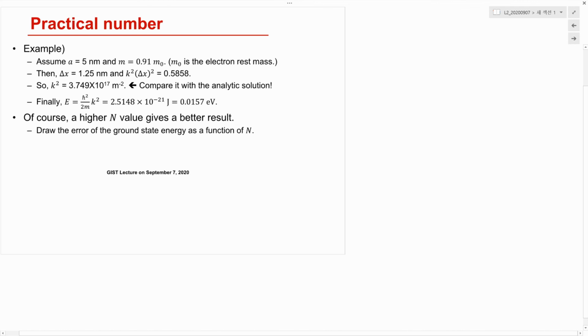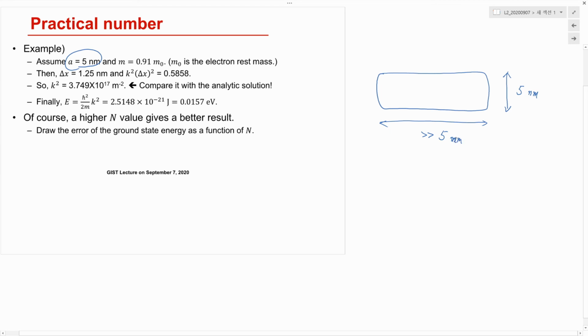This also introduces some practical numbers, and for example here we have A equal to 5 nanometer. 5 nanometer is a really practical value. In this course we are considering a system that looks like this. A silicon slab, whose thickness is just 5 nanometer or around, and whose width is much larger than 5 nanometer.